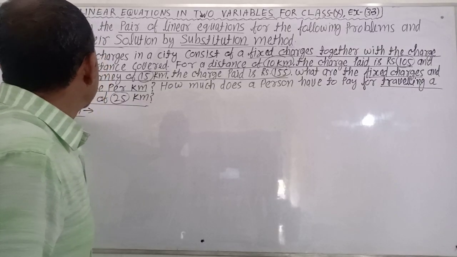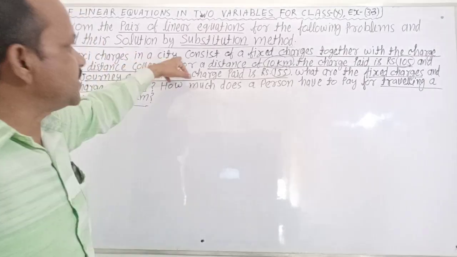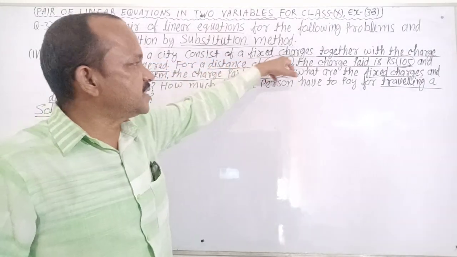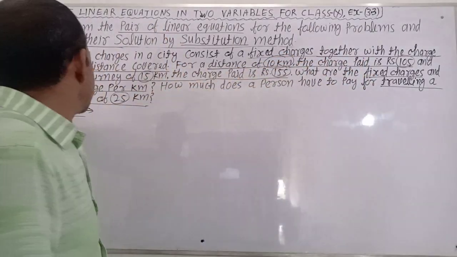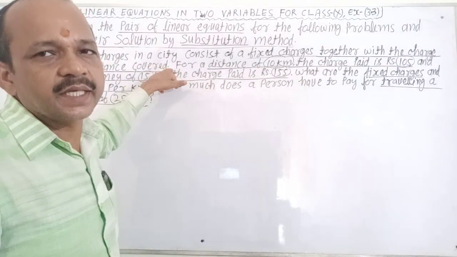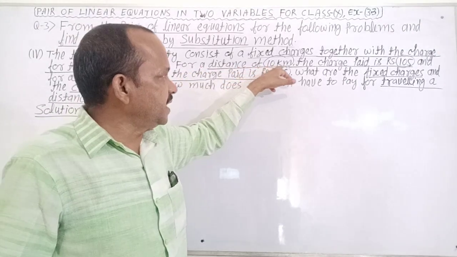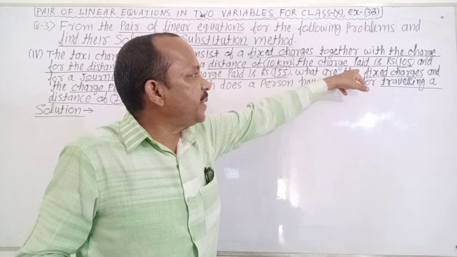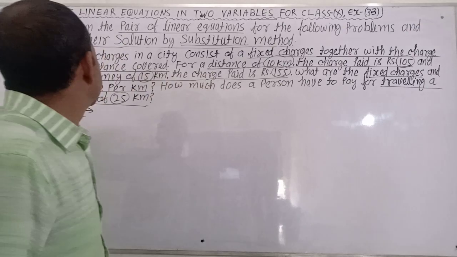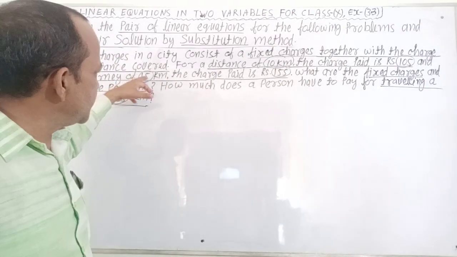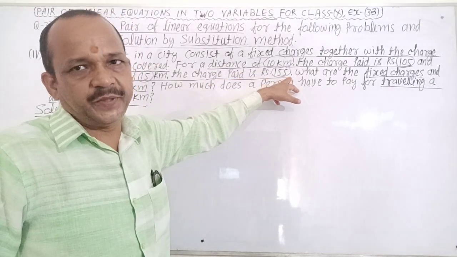Fourth part. The taxi charges in a city consist of a fixed charge together with the charge for the distance covered. For a distance of 10 km, the charge paid is Rs 105, and for a journey of 15 km, the charge paid is Rs 155.